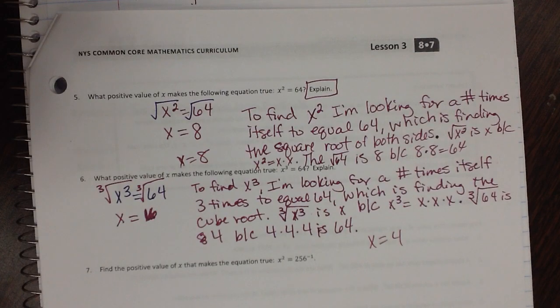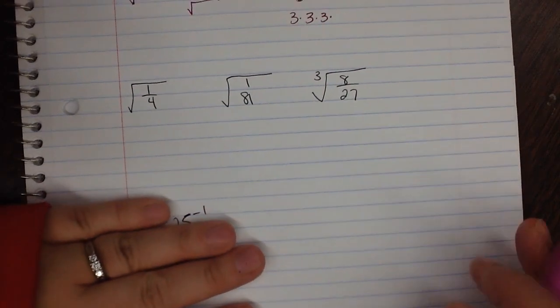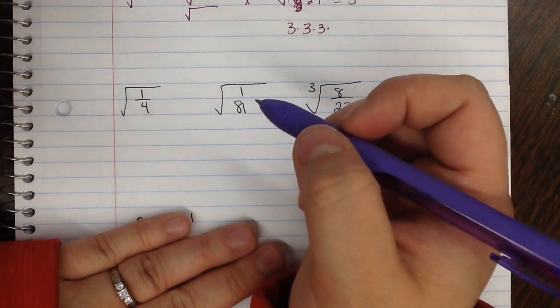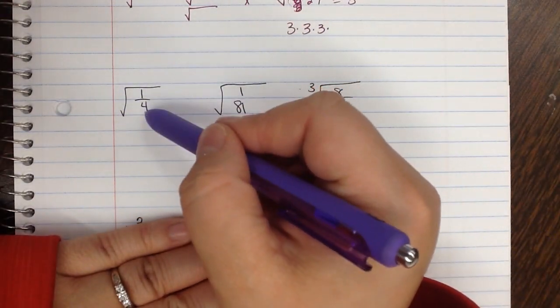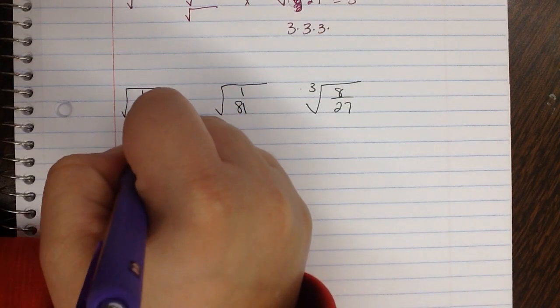Now we're going to jump into identifying some roots of more interesting numbers, or maybe a little bit more difficulty level. So now we're going to throw in some fractions. And here's the deal with this. When we have the square root of a fraction, it's simply saying the square root of 1 over the square root of 4.